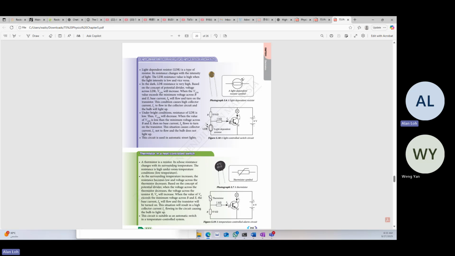When this circuit is enabled, turned on, then these circuits will start to flow. In this case, it depends on the light, the LDR. When it becomes darker, it will turn on these circuits. So that is the function of the transistor.